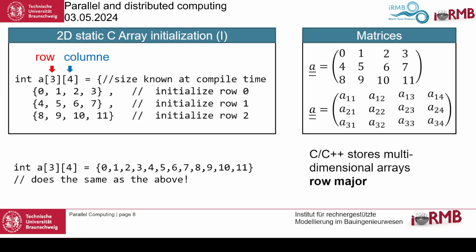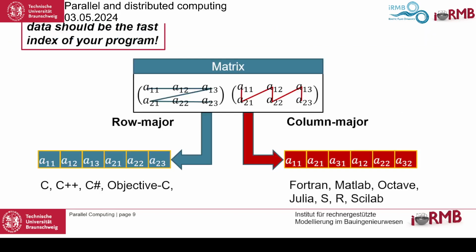But this is important to know because this is not a universal truth, because there are other programming languages that do it the other way around. So again, this matrix, row major, would be stored like this: the first row followed by the second row.